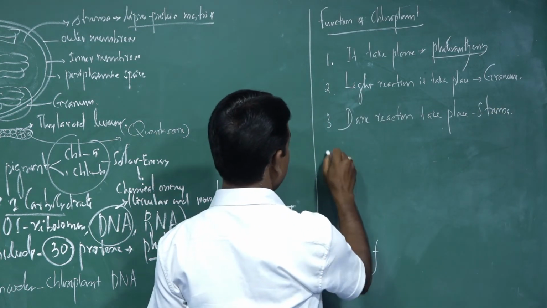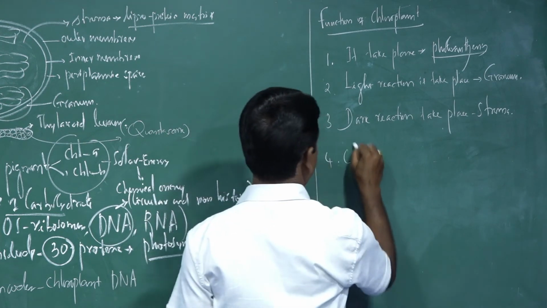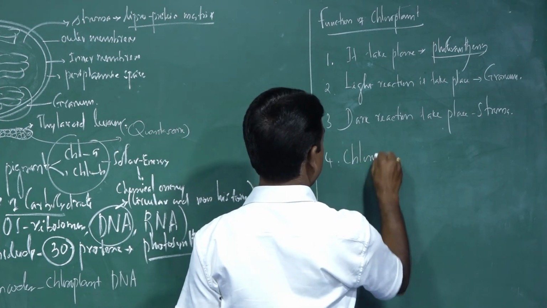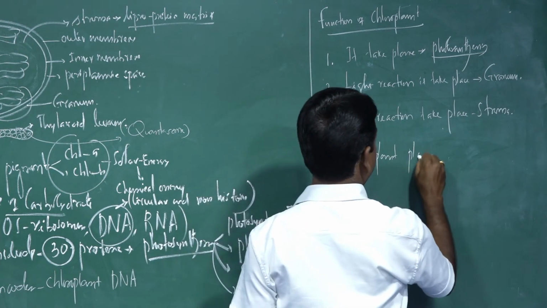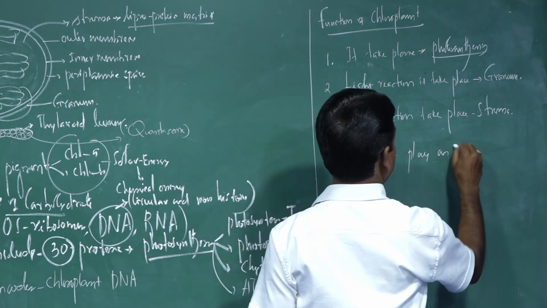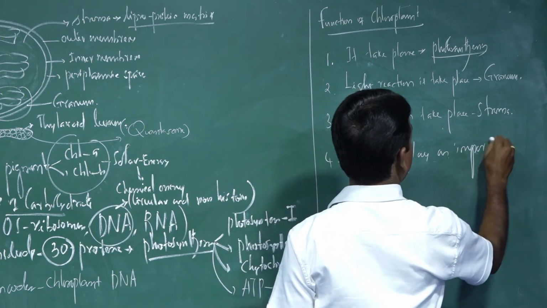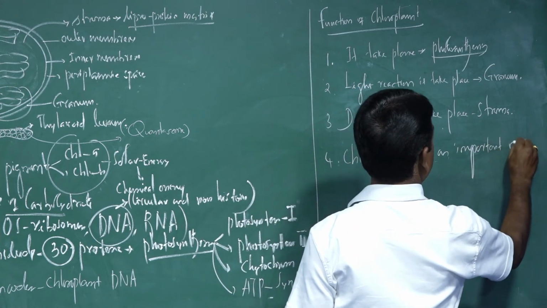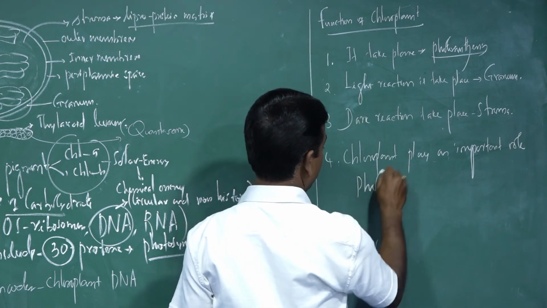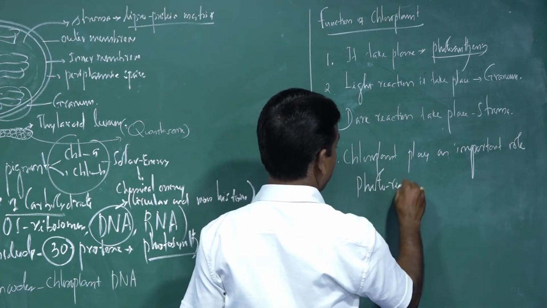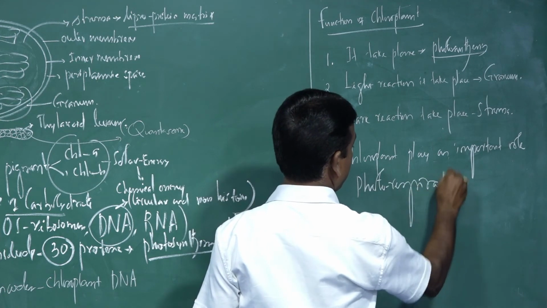The fourth function is that the chloroplast plays an important role in photorespiration.